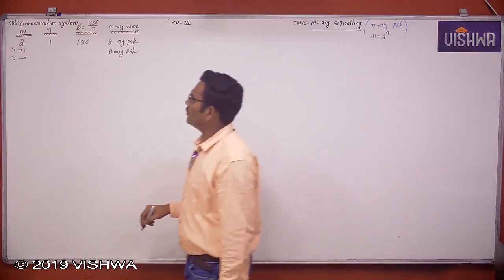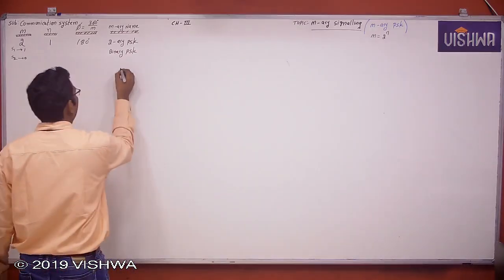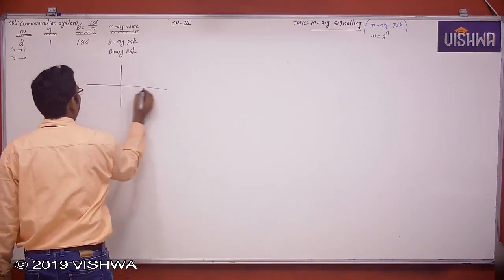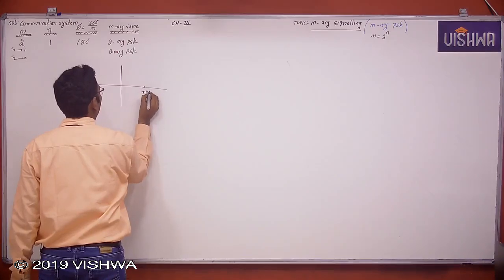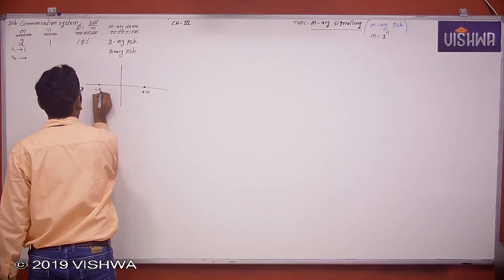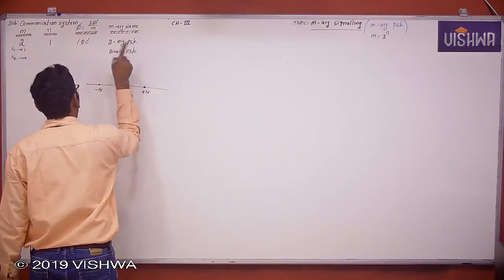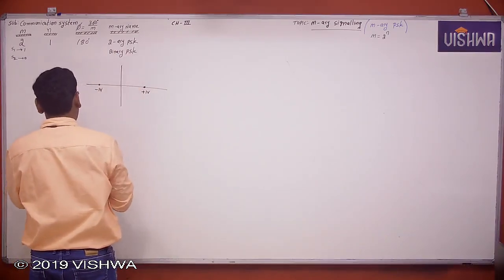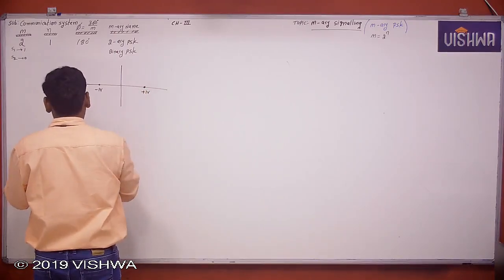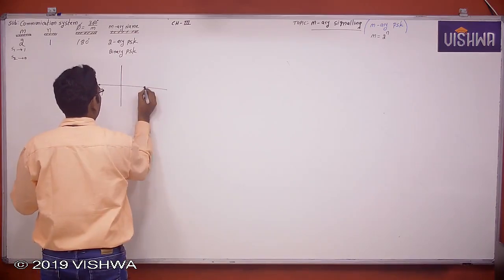If you want a constellation diagram, write that one also. The constellation diagrams are very easy. Binary 1 means plus 1 volt, binary 0 means minus 1 volt, because this is PSK, non-return to zero. See here, this is the symbol.